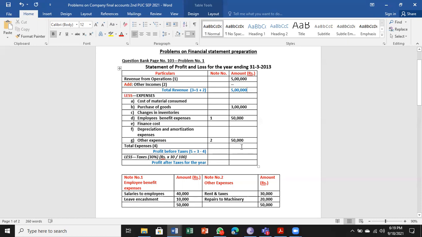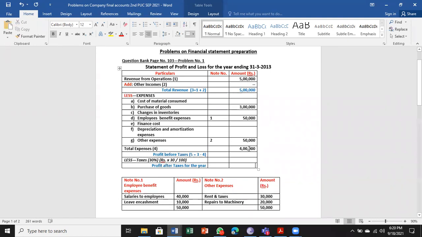Then we are going to add all the expenses: 3 lakhs plus 50 plus 50, it comes to 4 lakhs. So 5 lakhs minus 4 lakhs we have to do. That will be 1 lakh. That is, profit before taxes is 1 lakh.